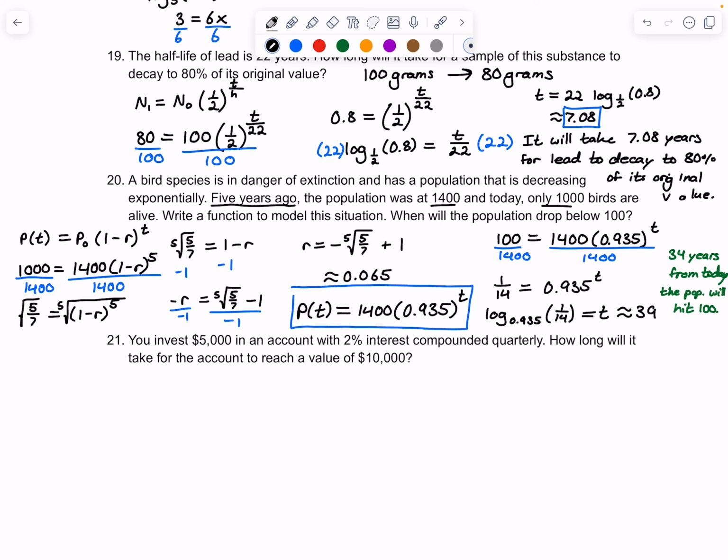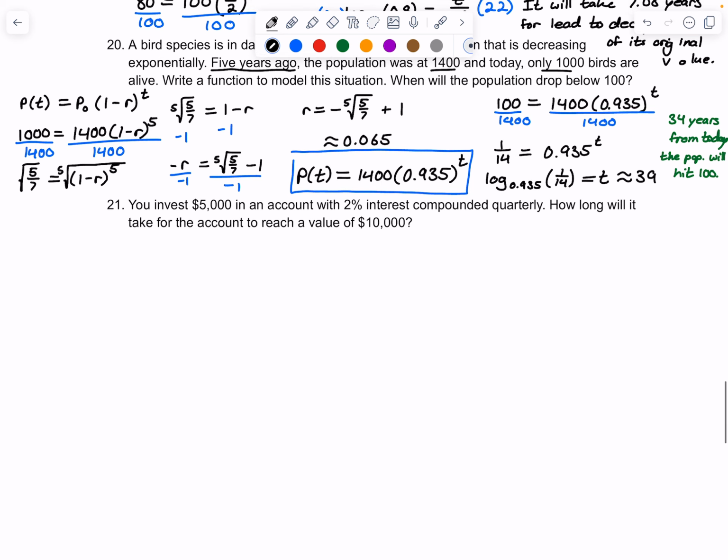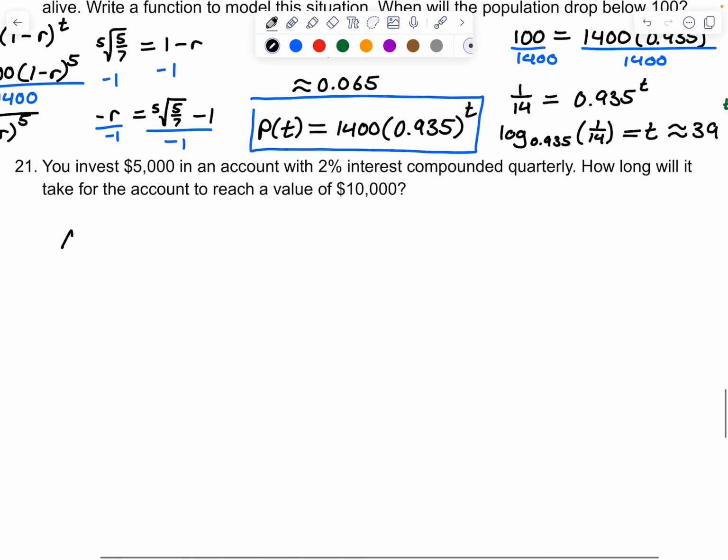All right, number 21, the last one. This says you invest $5,000 in an account with 2% interest compounded quarterly. How long will it take for the account to reach a value of $10,000? Well, I'm going to use this equation. Amount equals principal times 1 plus, in this case it's plus, r over n to the power of nt.